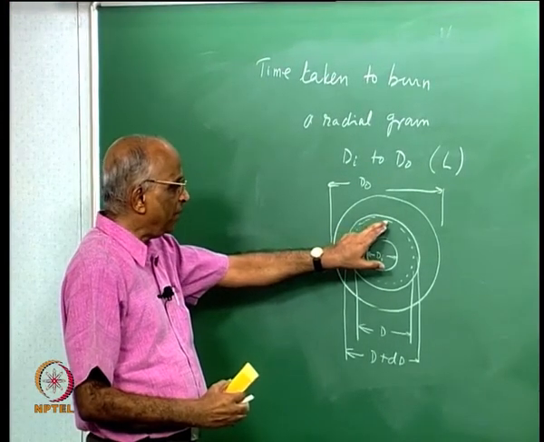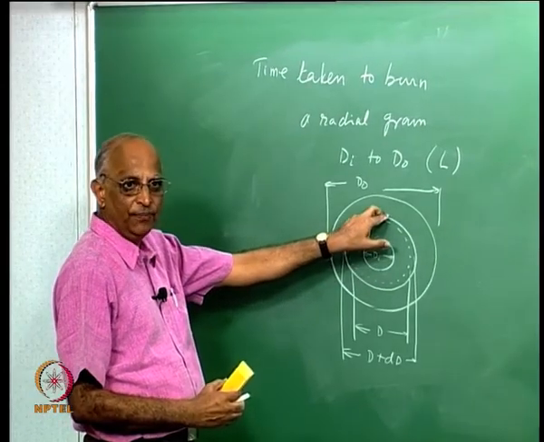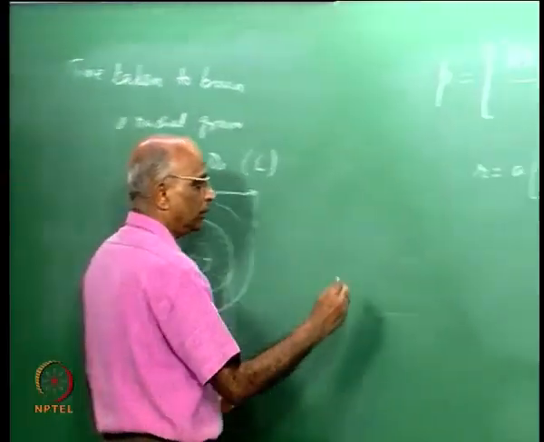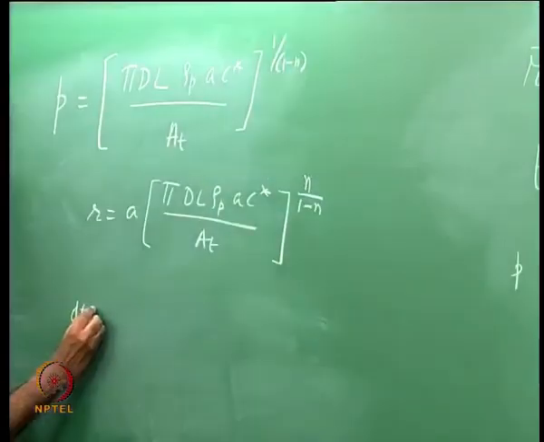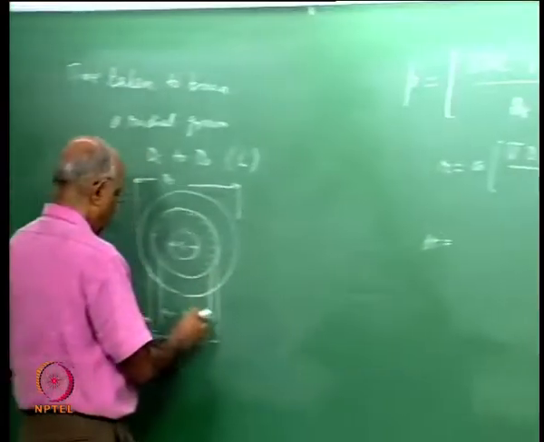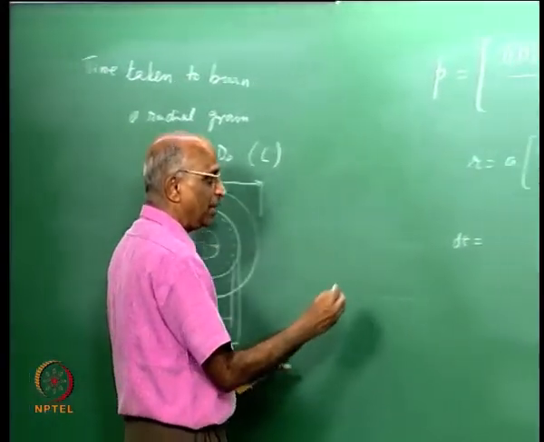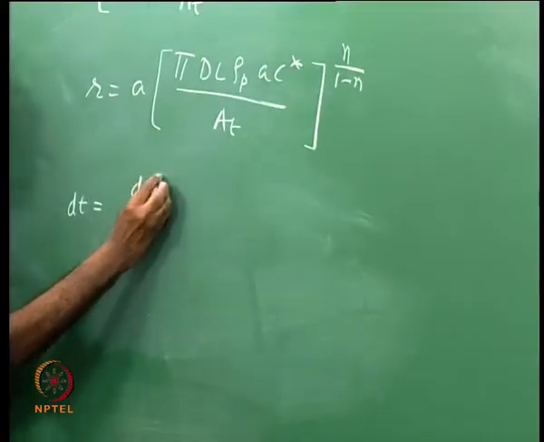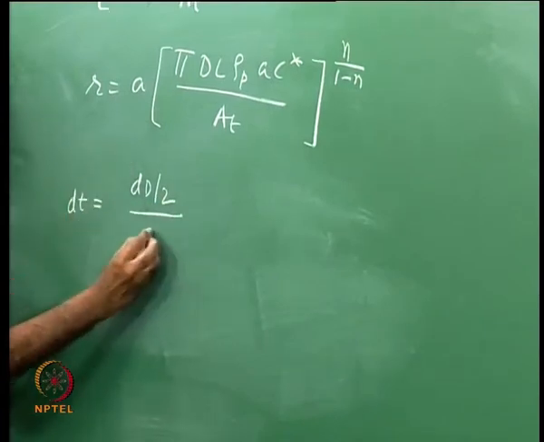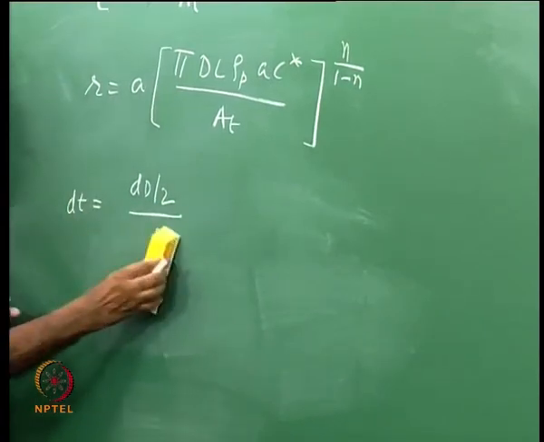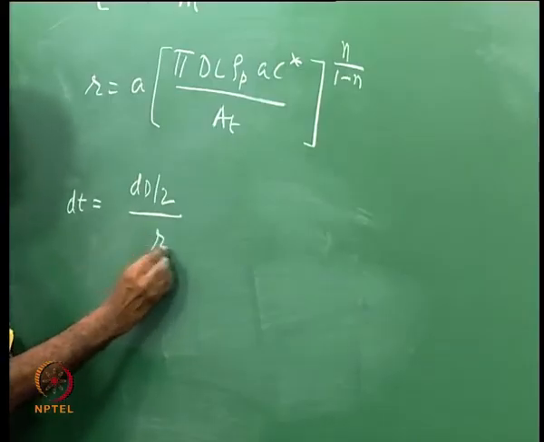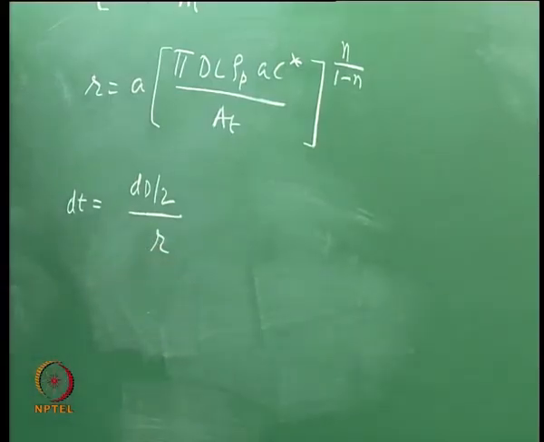What is the time taken to burn a small distance dd? Time taken, let us say dt is equal to diameter has increased from d to d plus dd, therefore this thickness is equal to dd divided by 2, that is the spatial length, divided by r, which is the time taken. Okay.